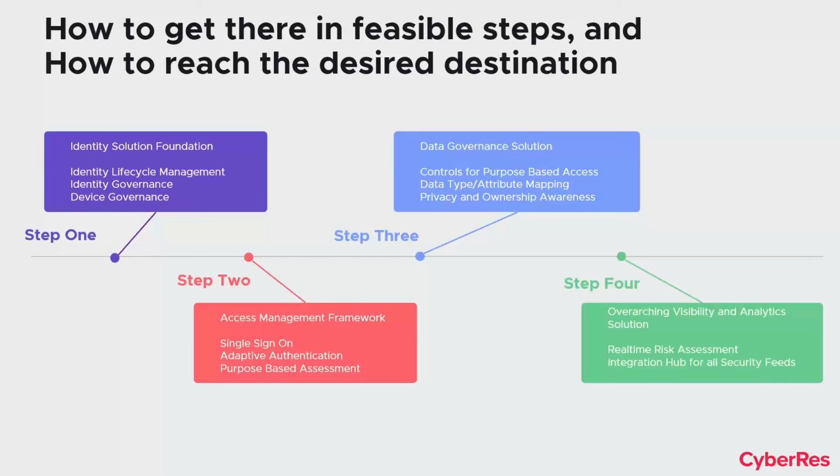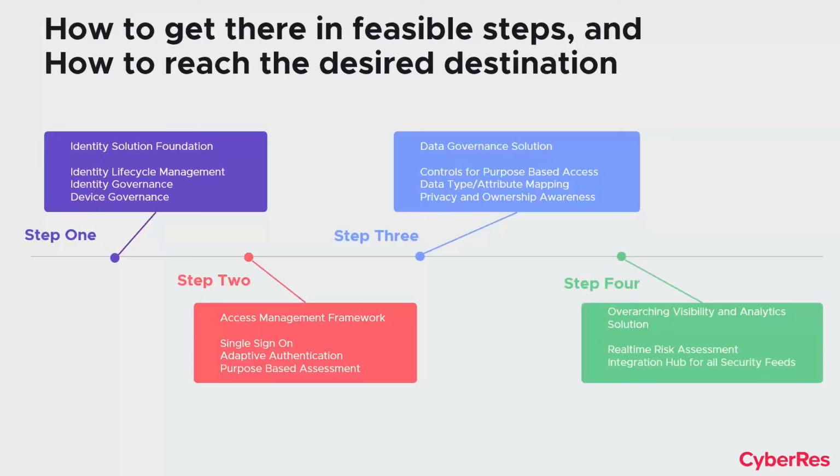You should have a data governance solution. You should be able to see how your data is being accessed and how it's being used at all times. To be able to put that whole layer of, what's the purpose for this data and what purpose am I serving by handing it out, can have a big impact on the way that you create a zero trust architecture. It should be able to do data type and attribute mapping so it knows what kind of data is being handed out to whom.